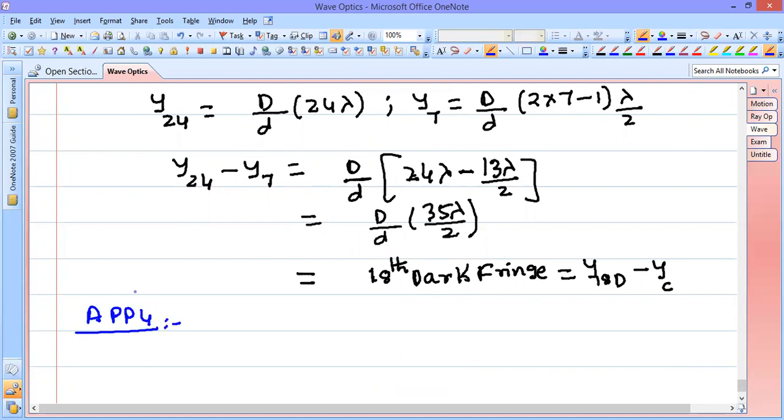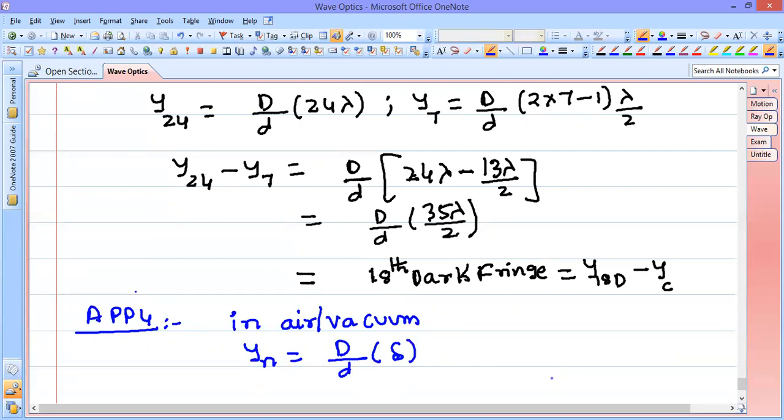Suppose I perform the YDSE experiment in air or vacuum. I got the fringe position as Yn equal to capital D by small d times delta.